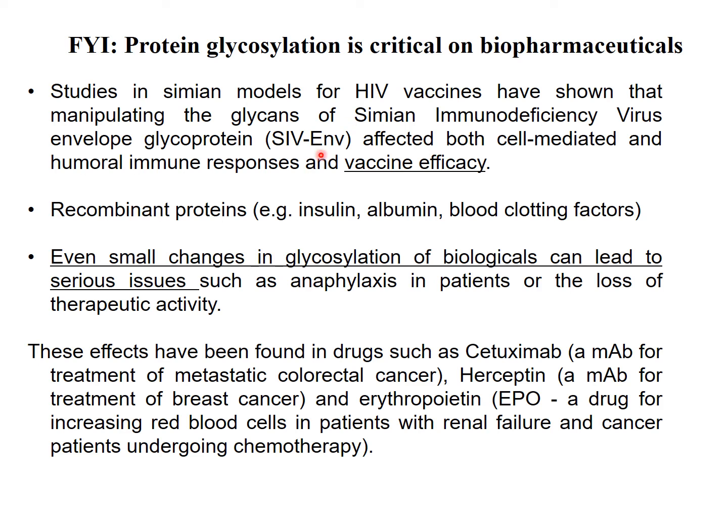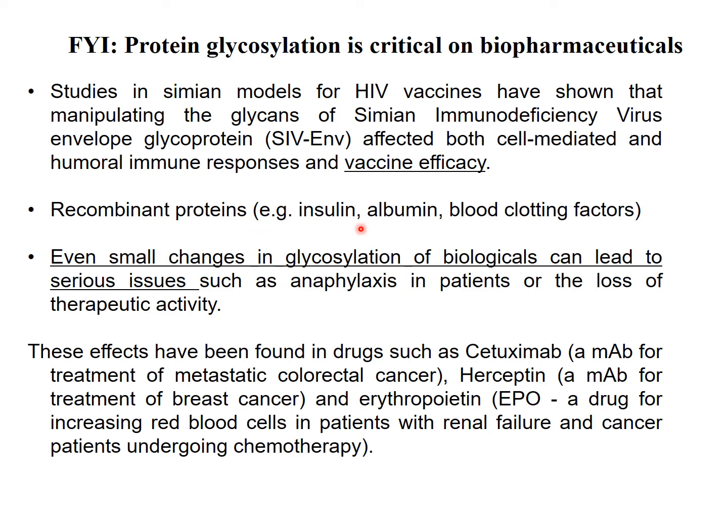So one point is that when vaccines are developed, and you also learned about it in the very first block, it's very important to actually mimic very strictly that particular bacterial or viral surface glycosylation which you want the vaccine to develop for. If it is just slightly different, this vaccine will not be efficient.